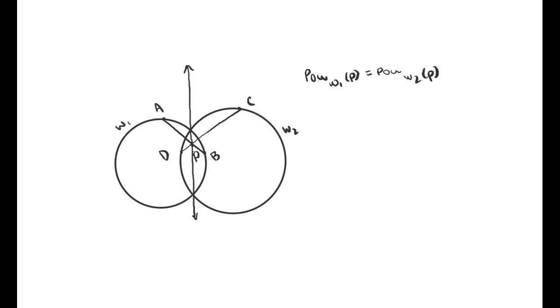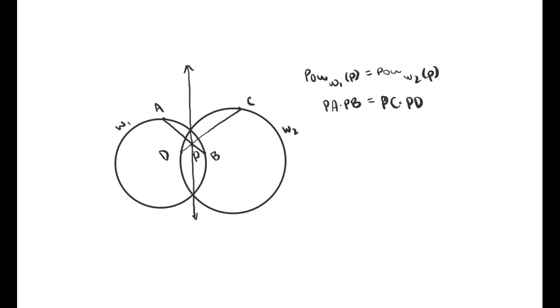From this you can write that PA times PB equals PC times PD. And this basically is enough to show that A, B, C, and D are concyclic, by the converse of power of a point.